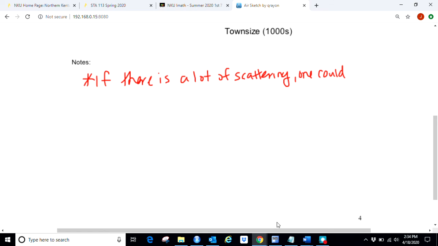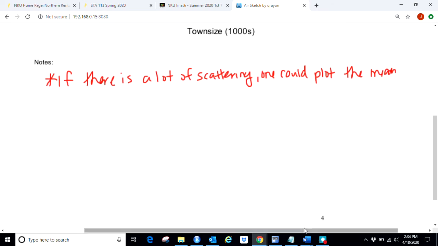is one could actually plot the mean number of customers for a given range of town sizes.